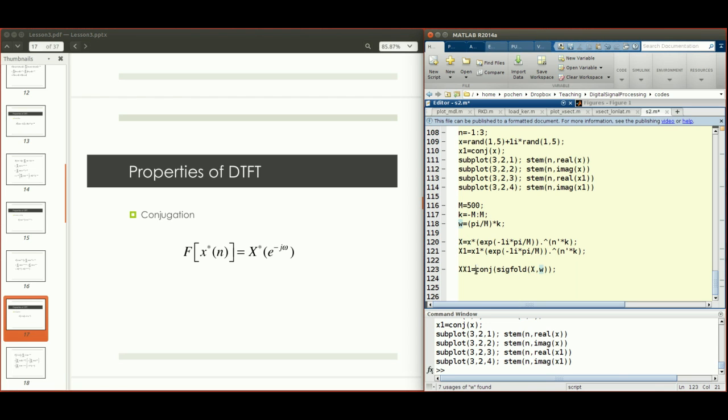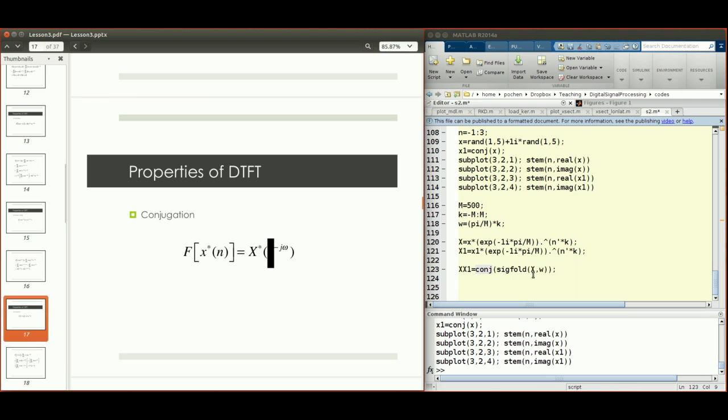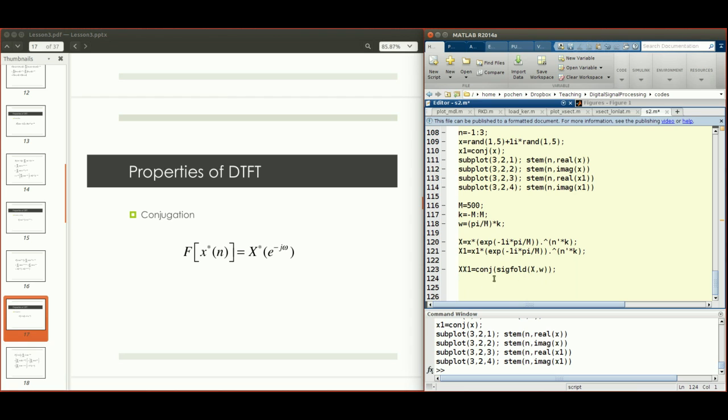And then we're doing a conjugation, that's the Matlab conjugation function, and then the output goes into big X x1. That's the right-hand side. So conjugation and then the folding operation, and then we can compare it with the x1.